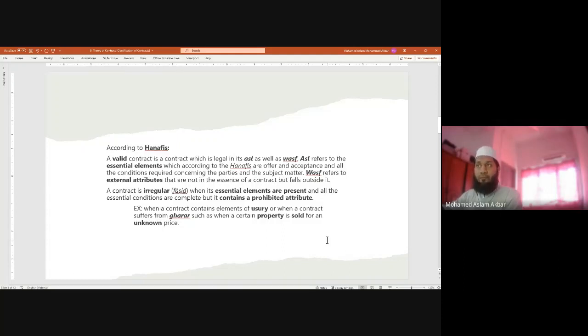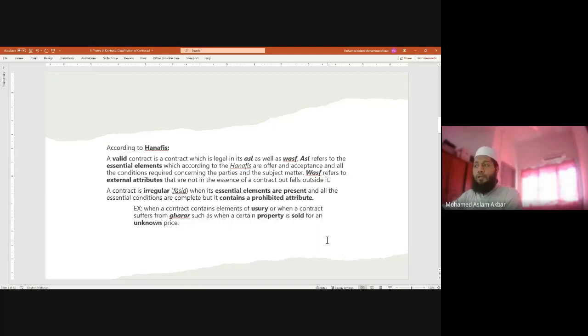That's why from the beginning, the legal capacity and also the legal subject matter come under asl, the essential elements. That's why they said the essential elements refer to, according to the Hanafi, offer and acceptance and all the conditions required concerning the parties and the subject matter.